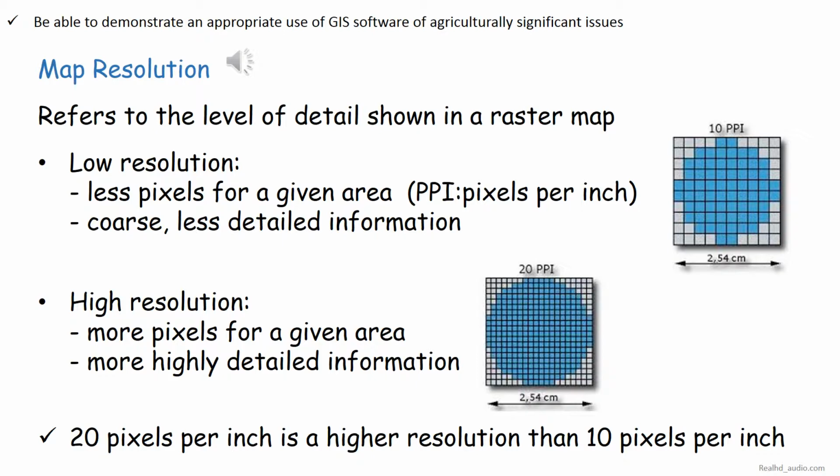And this is because you have more pixels for a given area, you have less averaging of the information, so you have a more accurate representation of the information, and therefore it's more highly detailed. So small pixels have a high resolution, more accurate representation. They're not as chunky a representation of the image. Low resolution is large pixels and chunky information.